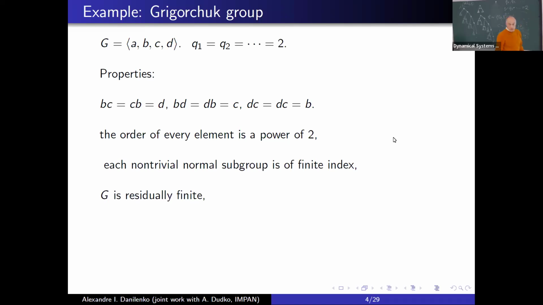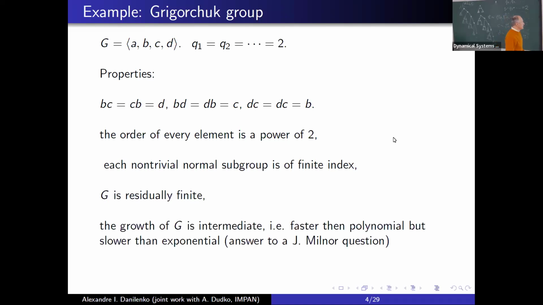Next property, G is residually finite. The growth of G is intermediate: faster than polynomial but slower than exponential. So, for instance, it does not contain a free subgroup with two generators.